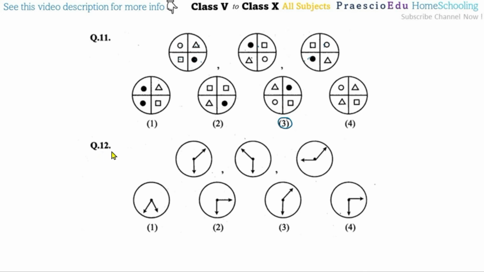Then question number 12. This angle is an obtuse angle. With this one we get the mirror image. Here also the same angles, and it's a mirror image we get after rotation of this one. So option number 3 is the correct one.